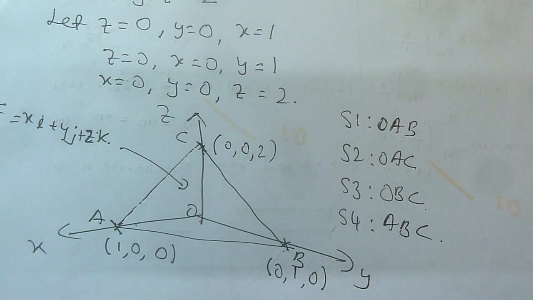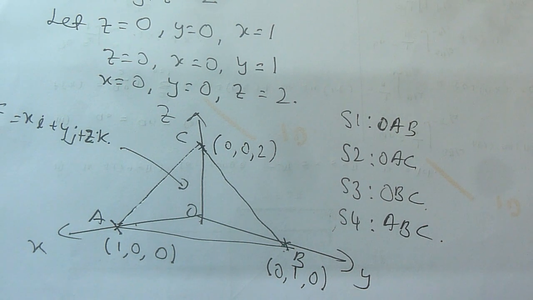If they mention that, don't try to find all the other surfaces. It depends on the question. If the question asks for the whole, do the whole. If they didn't mention anything about a particular surface, then of course by default you need to find all the surfaces. But if they say find the surface integral for ABC alone, that means you need to find only this.